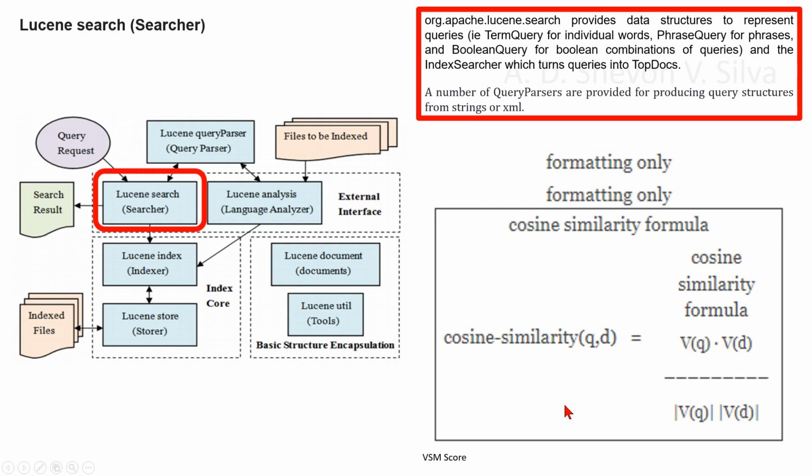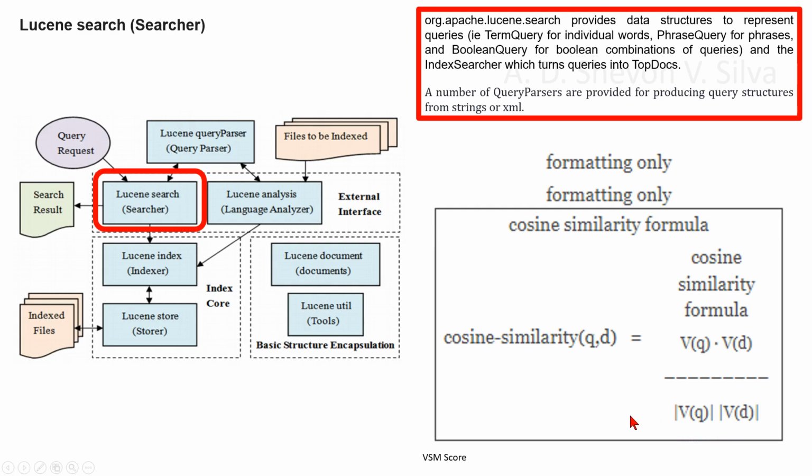VSM's score of document D for query Q is the cosine similarity of the weighted query vectors VQ and VD, where VQ dot VD is the dot product of the weighted vectors, and the absolute values of VQ and VD are the Euclidean norms, the two norms.